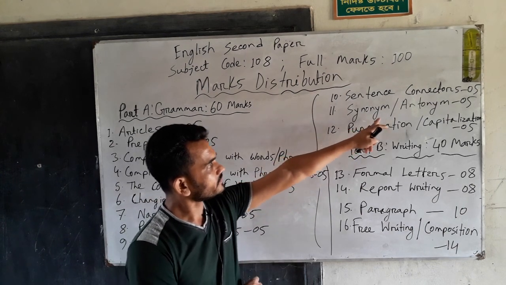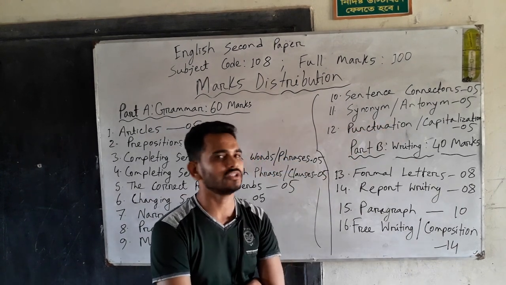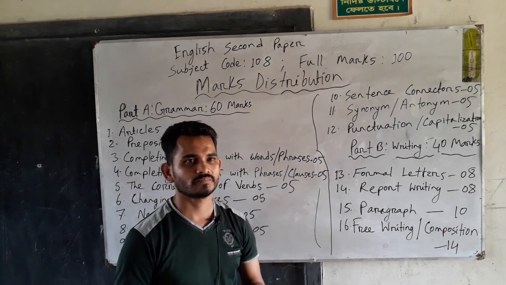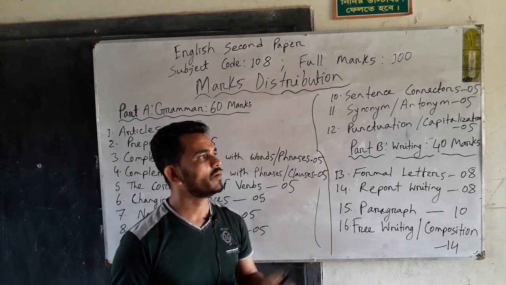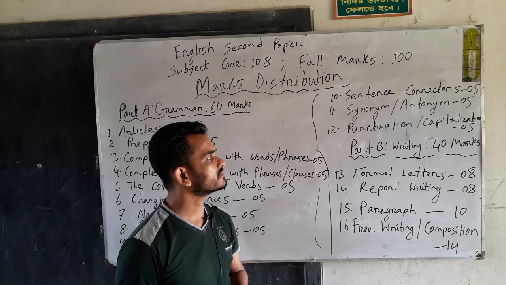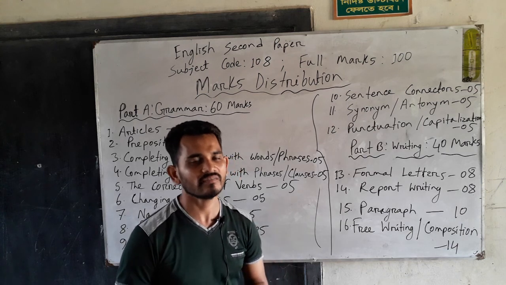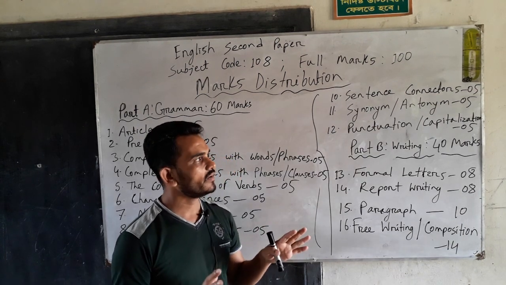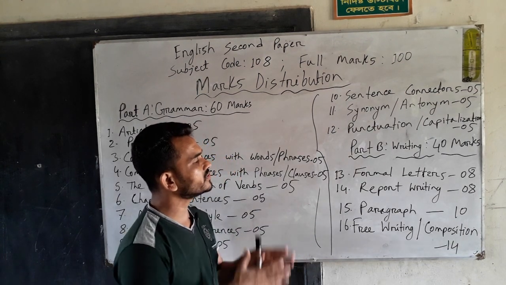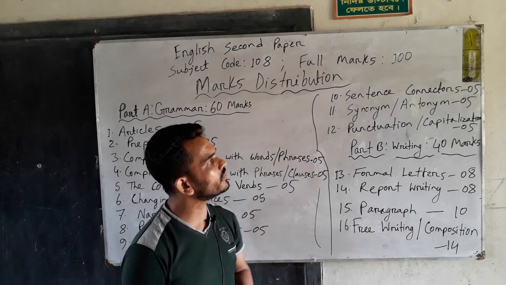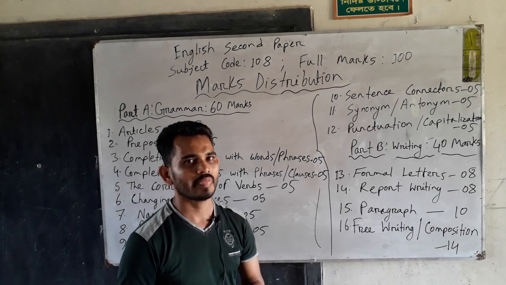And synonym, antonym. You will be given a passage. In the passage, 10 words will be selected for you. For the words, sometimes you will have to write synonyms, sometimes you will have to write antonyms.